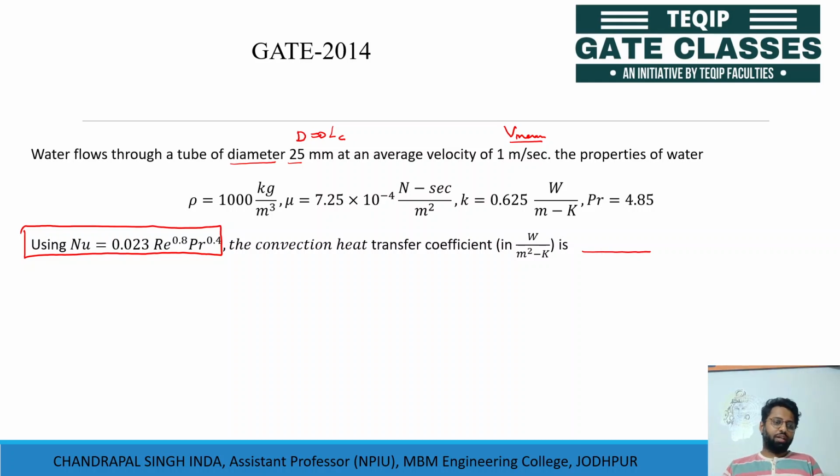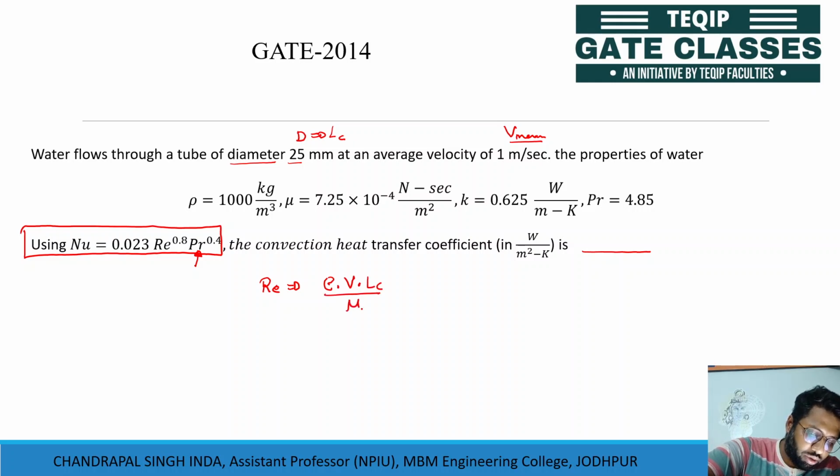So let's find. First of all, the Prandtl number is given, equal to 4.85, and we have to find the value of the Reynolds number. The Reynolds number is equal to rho v L_c upon mu, where L_c is equal to the diameter, that is the characteristic length. So rho is the density 1000.